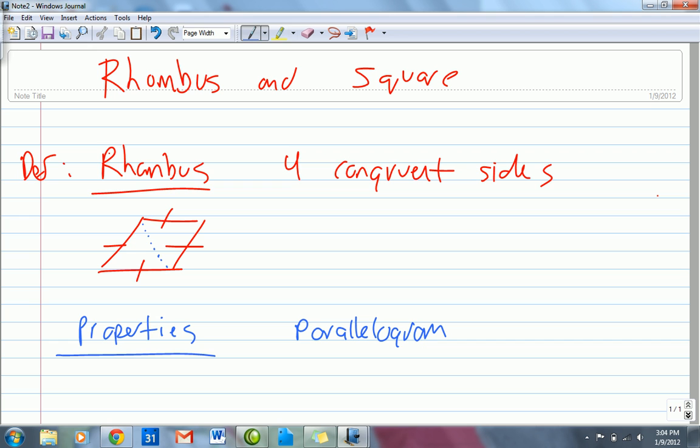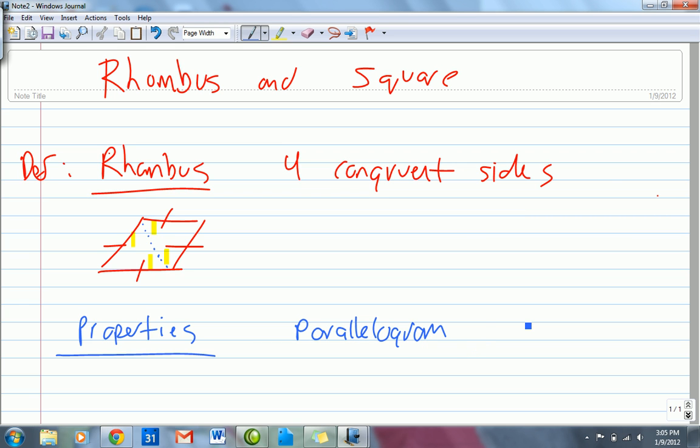And then the two triangles, the top here and the bottom here, would be congruent by side, side, side, which makes basically all four of these angles congruent. 1, 2, 3, 4. Since all those angles are congruent, that allows us to show these lines are parallel by AIA. These two are congruent, which makes these parallel, and these two are congruent, which makes these lines parallel, which therefore makes that a parallelogram. So a rhombus is a parallelogram.